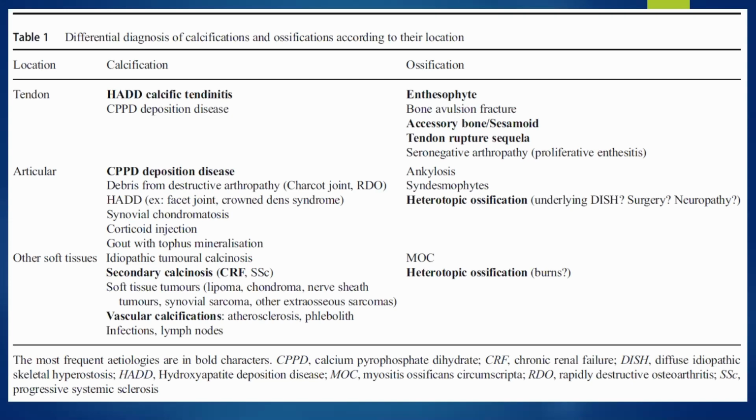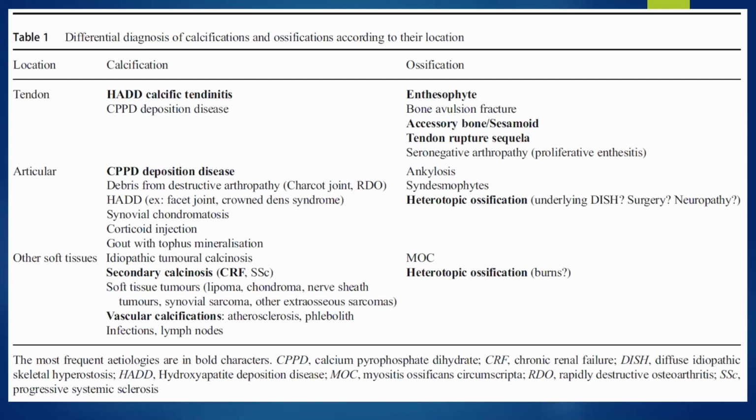Heterotopic ossification can be seen in the spine as lumpy, bumpy mounds of bone, secondary to underlying diffuse idiopathic skeletal hyperostosis, possibly surgery, or secondary to a neuropathic disorder.